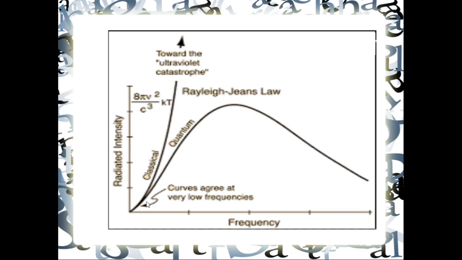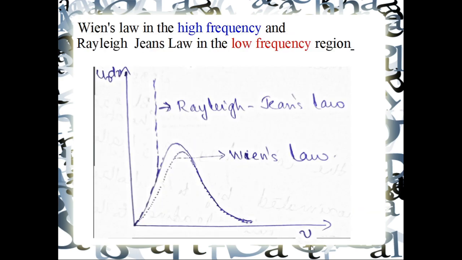That is, according to Rayleigh Jeans law, the energy density u nu d nu tends to infinity as nu tends to infinity, whereas experimentally we are getting this plot by which u nu d nu goes to 0 as nu tends to infinity. That is, both methods based on classical theories failed.